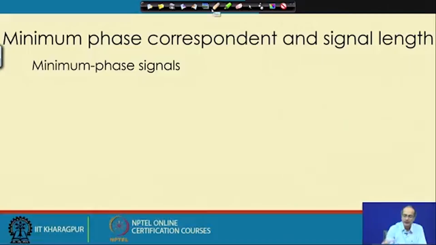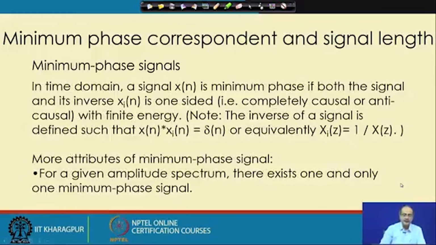Now, let us look at the description to get more details about it. First, the description in the time domain: x[n], the signal, is minimum phase if both the signal and its inverse x_I[n] are one sided, that is completely causal or anti-causal.